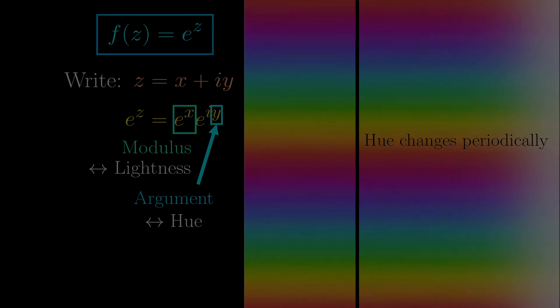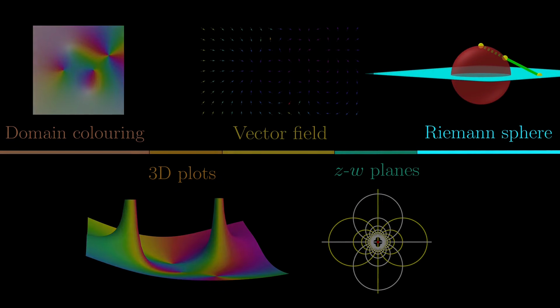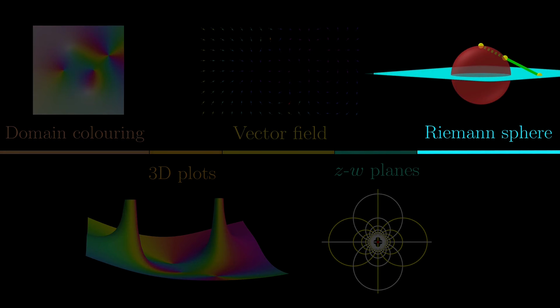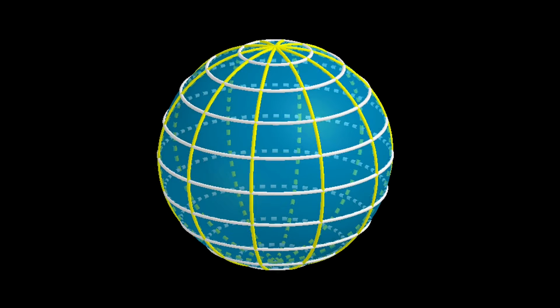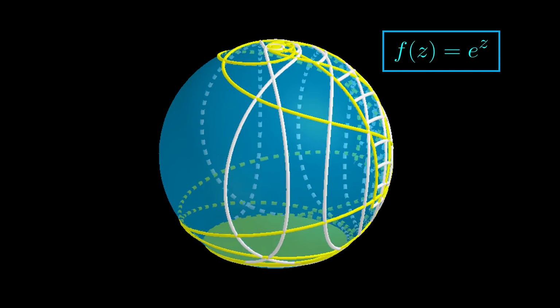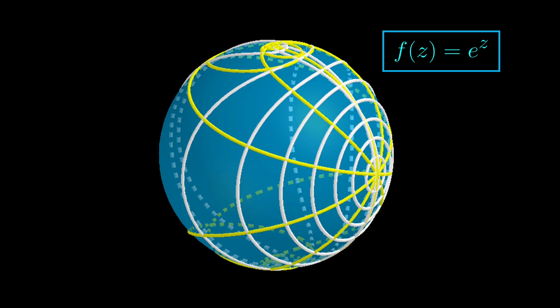The Riemann sphere visualization of the exponential is quite interesting as well, though not necessarily illuminating. Let's take a look. The transformation is quite complicated, but there are a couple of things to notice. Again, the yellow curves congregate at 1, because that's e to the power 0.